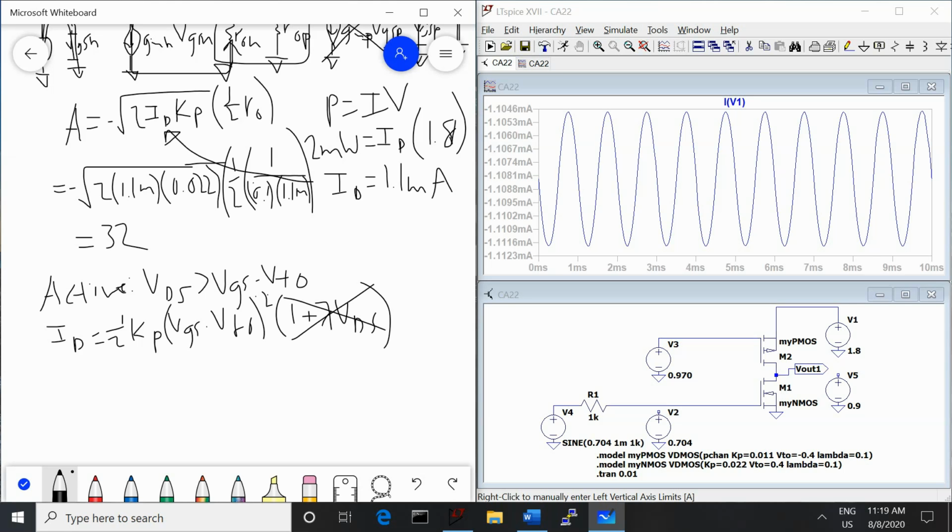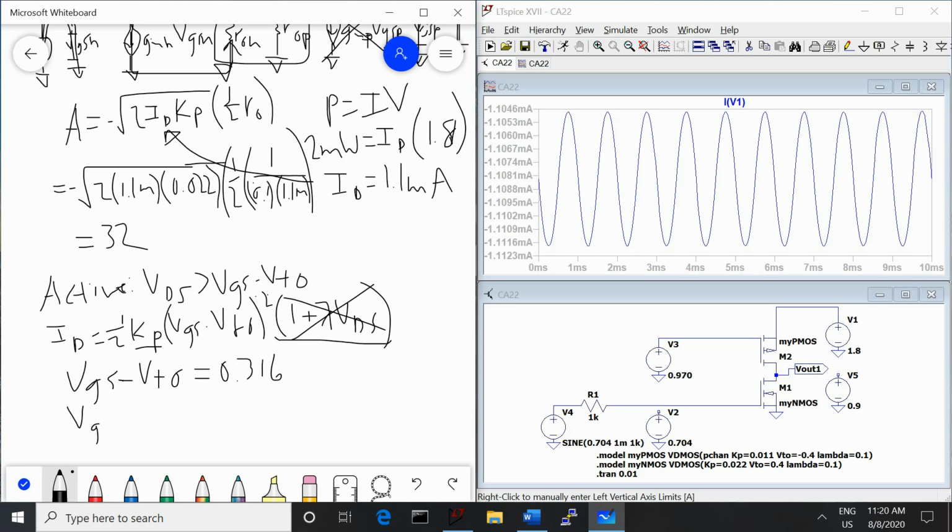That's much smaller than 1, so we're basically multiplying the rest of our ID equation by 1. So we can solve for VGS minus VTO, and for the NMOS, our Kp is 0.022, and that gives us a VGS minus VTO of 0.316.